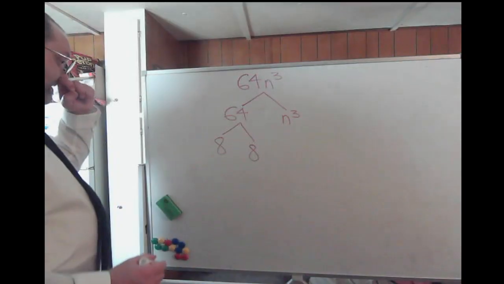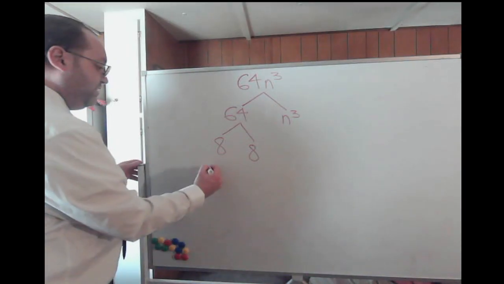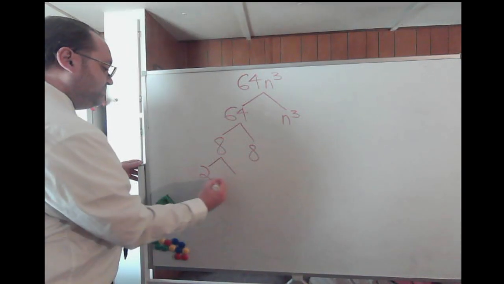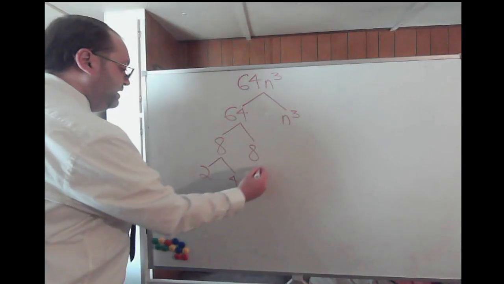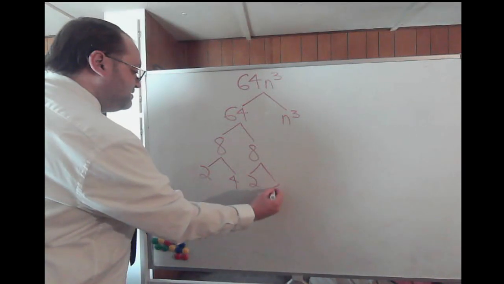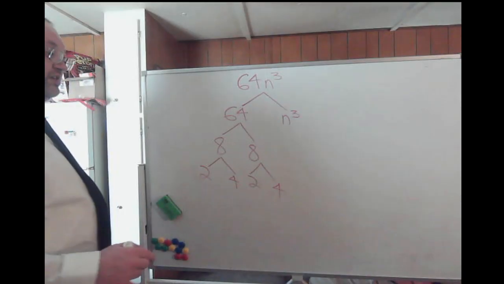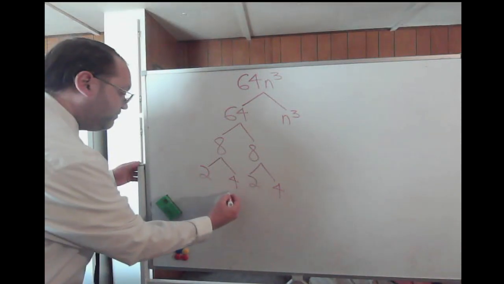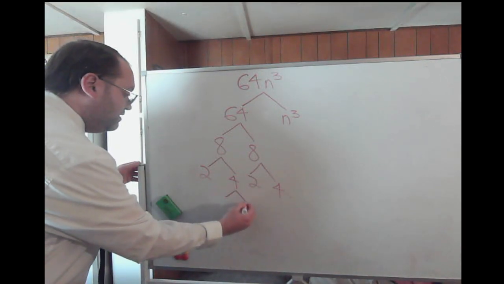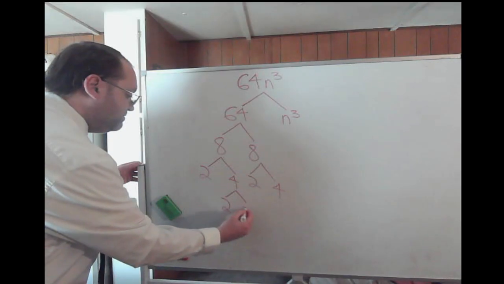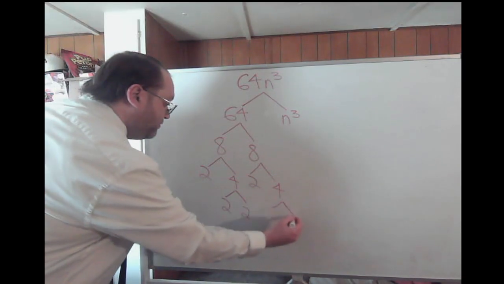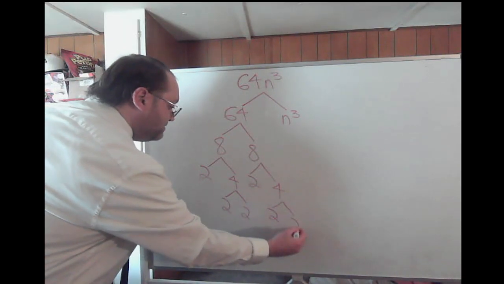Can we factor the 8s any further? We sure can. You'll have 2 times 4. Each 8 has factors of 2 times 4. Well, we can't factor the 2's any further, but we could certainly factor the 4's. 4 breaks down into 2 times 2. This 4 also breaks down into 2 times 2.